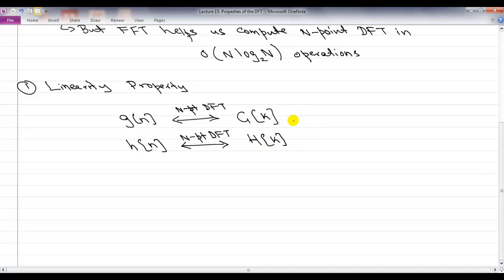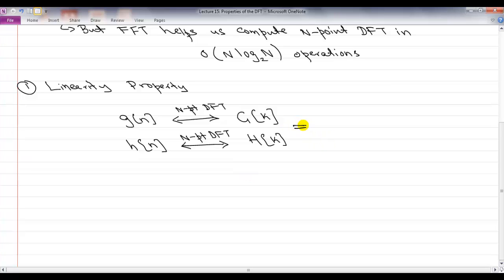And of course, the implicit assumption in this discussion, at least that I'm making, is that if you are computing the N-point DFTs of g[n] and h[n], then g[n] and h[n] must satisfy one particular constraint.